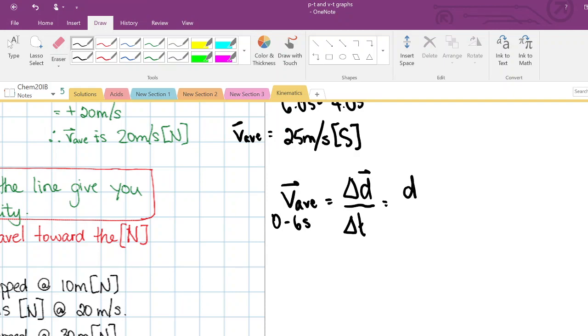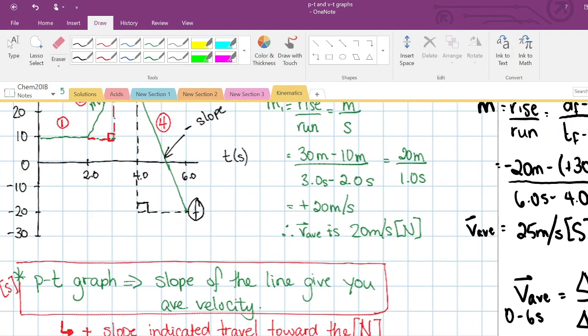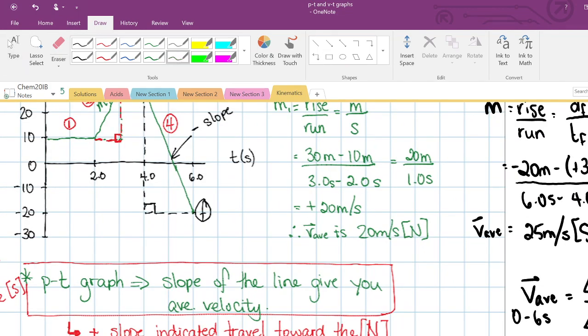Because we're looking at a graph, we're going to look at displacement final minus displacement initial over time final minus time initial. And we're going to figure out what is the slope. I'm going to use a line here. What is the slope from here to here? What that is, is the average for the entire trip.